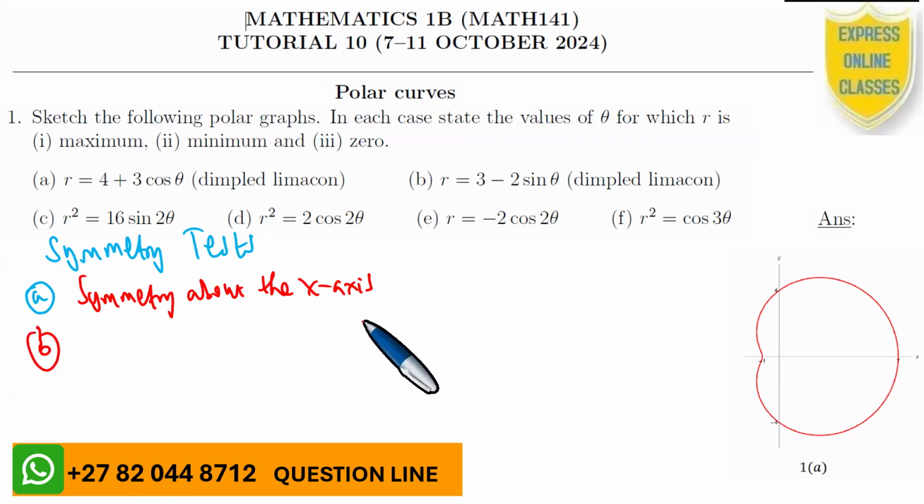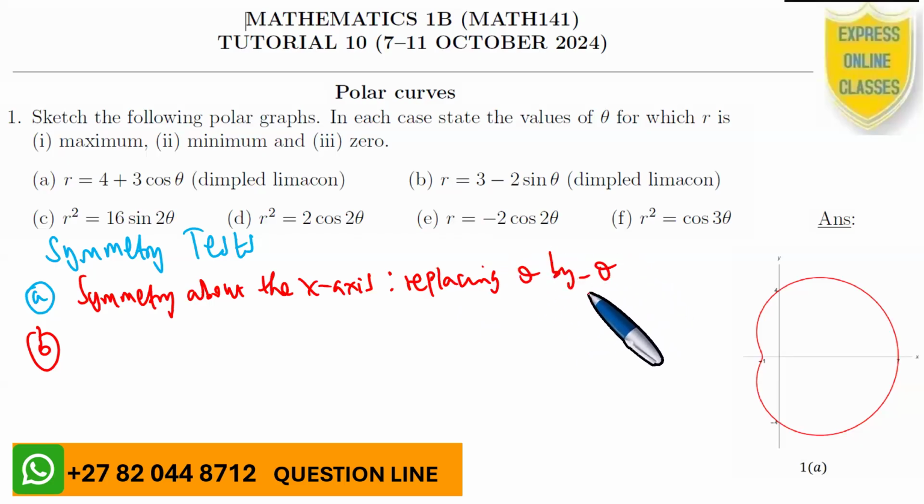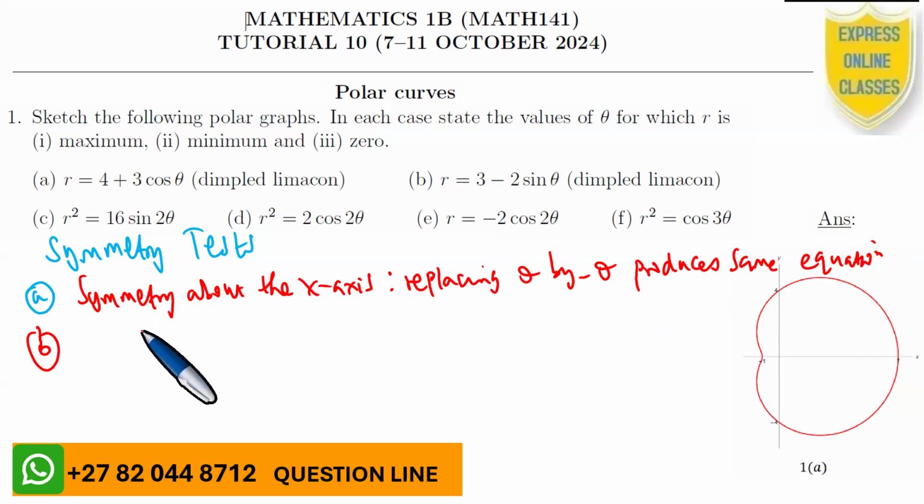Replacing theta by minus theta produces the same equation.